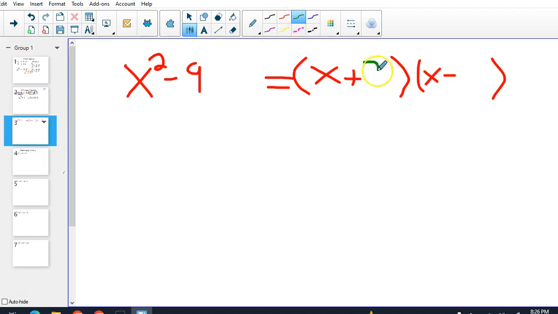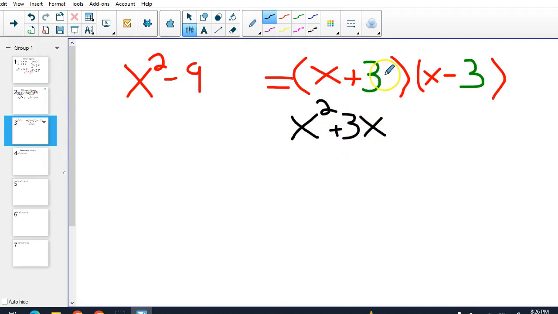So the square root of 9 will give us 3, and that's what's going to come here. Because if I was to multiply all of this out, x times x would give us x squared. 3 times x would give us plus 3x. 3 times negative 3 would give us the minus 9.